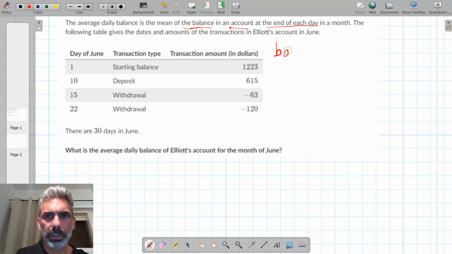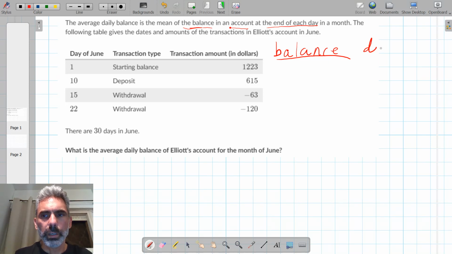So let's add a column called balance, and let's add another column called duration.